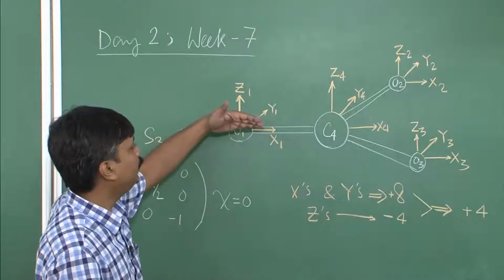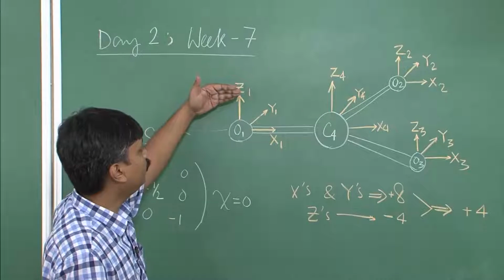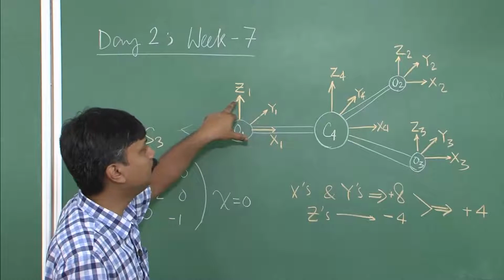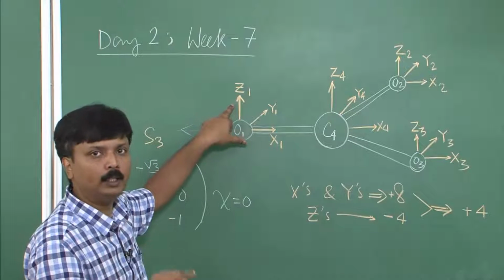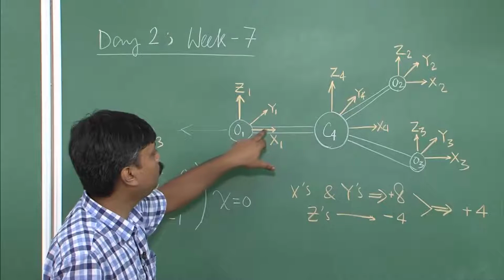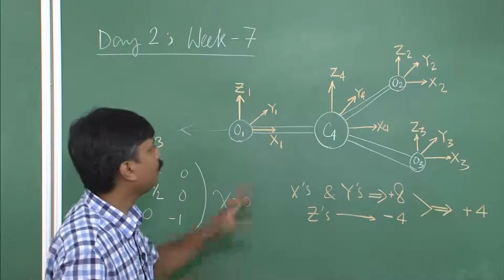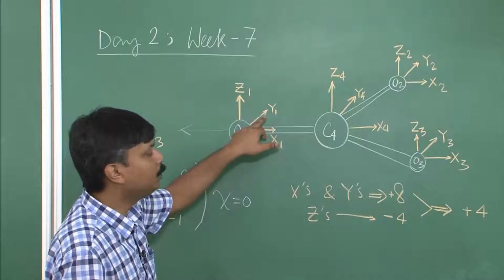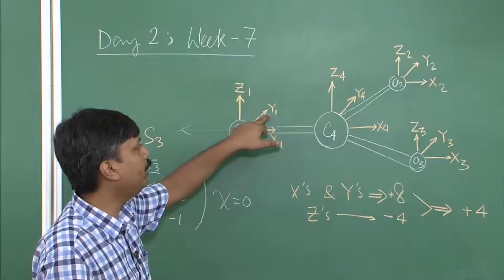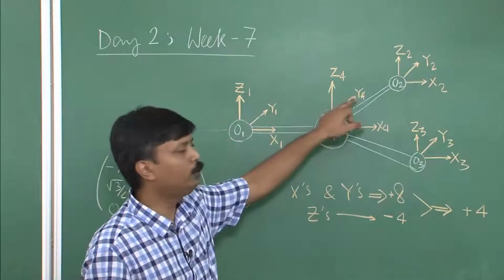So since we are considering the xz plane, then I have contribution coming from x's and z's to be +1 each, because nothing is going to be changed. So then I have 2 x's and 2 z's, so total 4, while the contribution from y's will be -1, because this xz plane will reflect this plus y1 to minus y1 or plus y4 to minus y4.